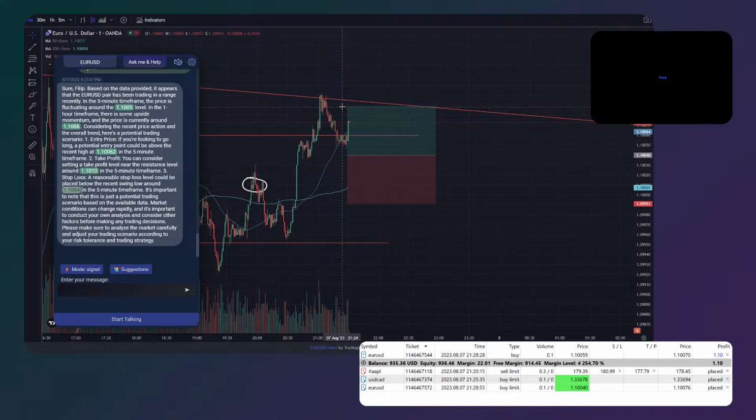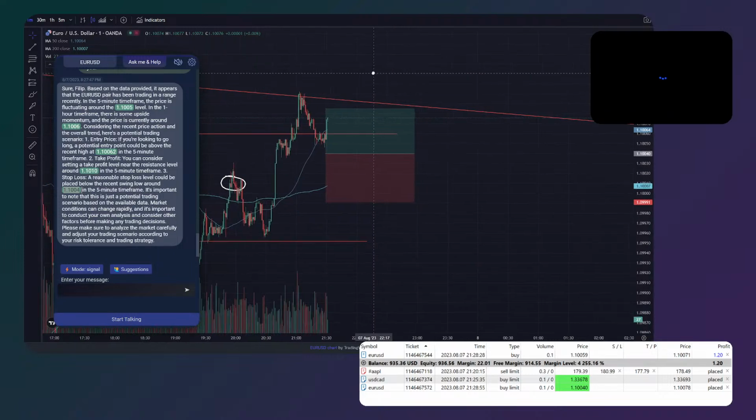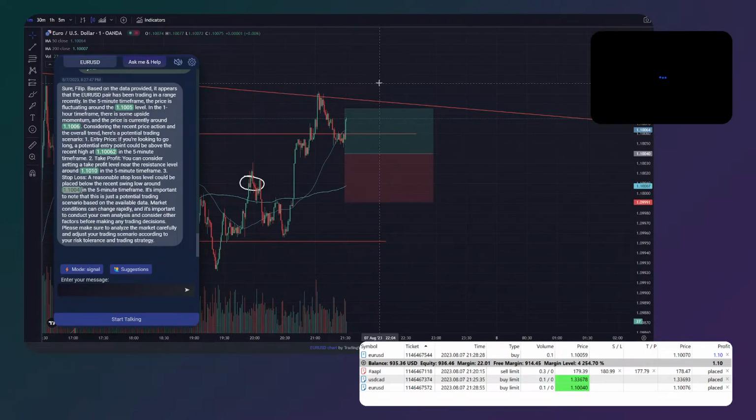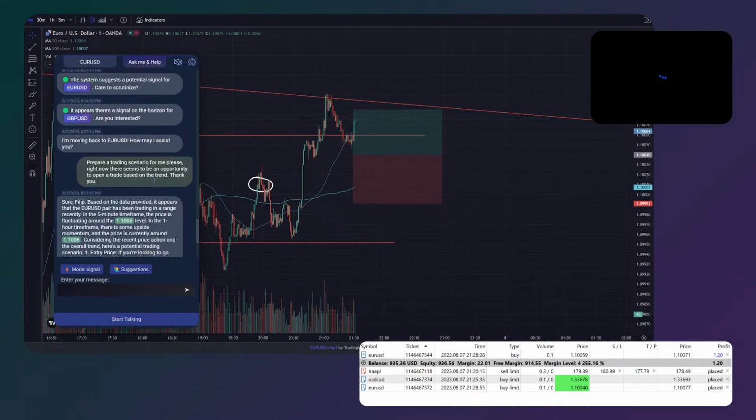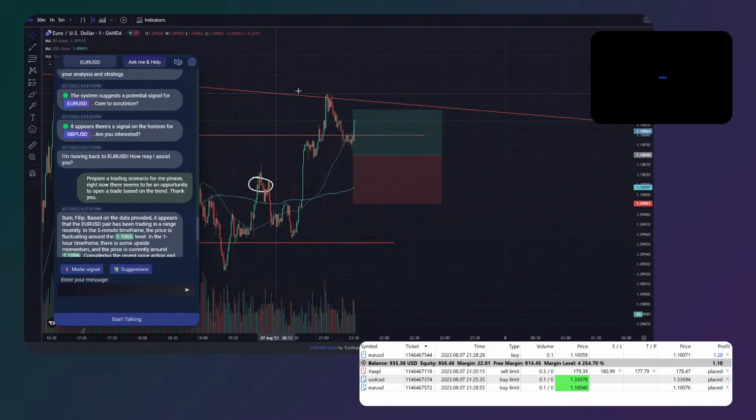So where was I? I wanted to go for take profit somewhere around here. Another strategy that you could run with could be to open every single signal that the AI gives you and just leave them sitting there and see where it goes. Although it seems a little bit foolish, because you would then have many trades running simultaneously, maybe even against each other. What I like to also do is that the AI will definitely give us another signal, even for the euro dollar, when there is some new opportunity.